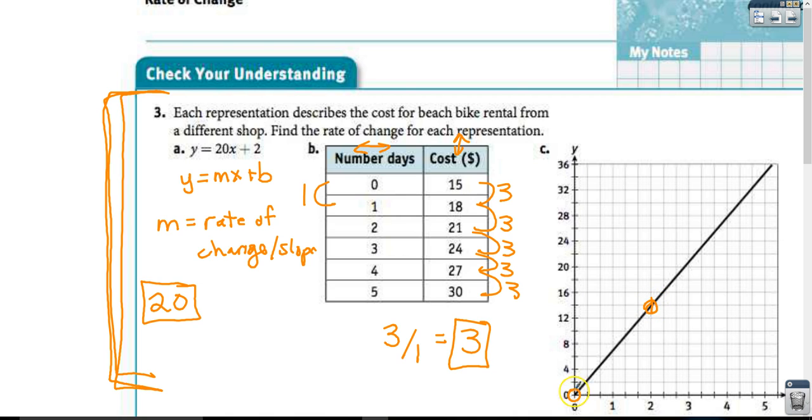I went up, and we're going by 2's here, so go up 2, 4, 6, 8, 10, 12, 15. And then over here, I have to go all the way over to here before I get to 1. So that's 1, 2. So my slope is 15 over 2, and that simplifies to 7.5. Both of those answers are correct.